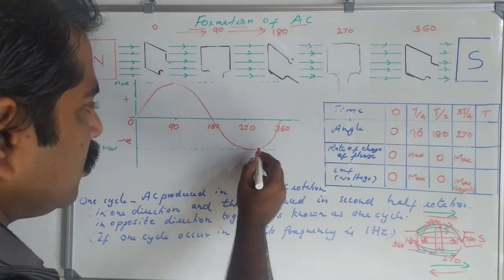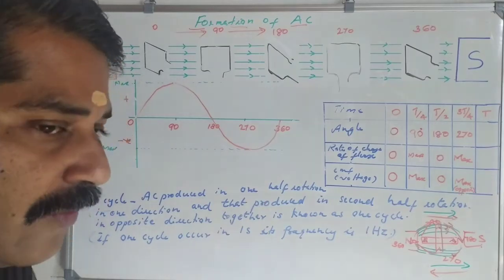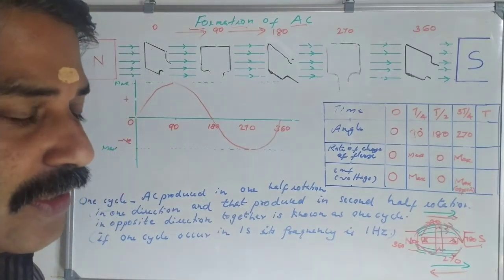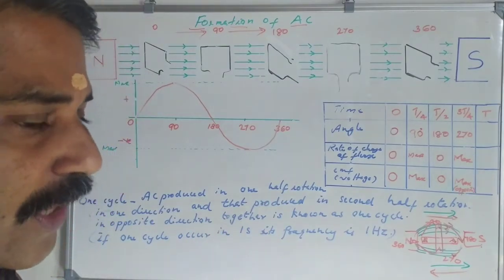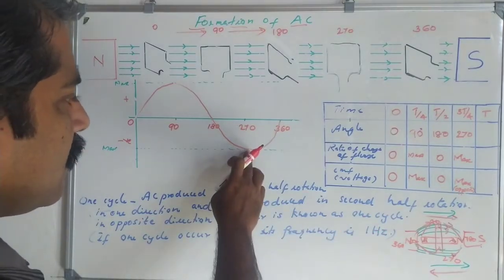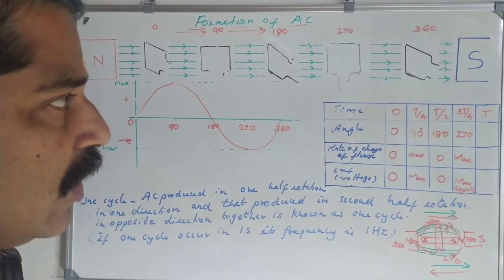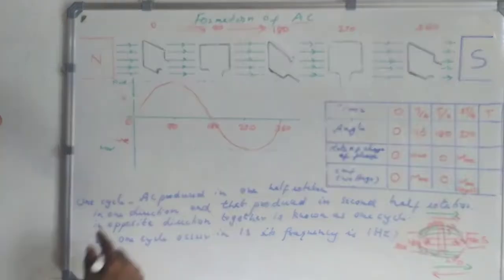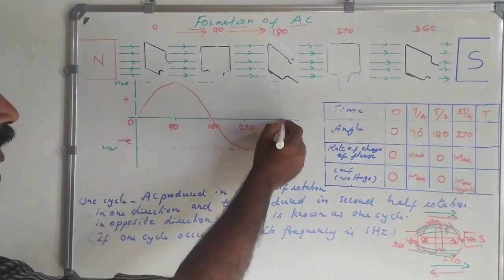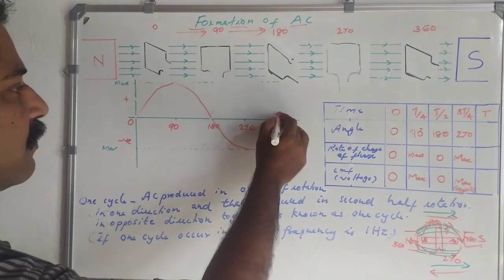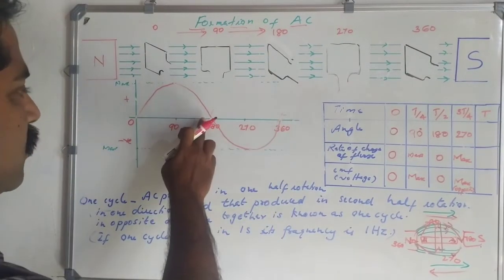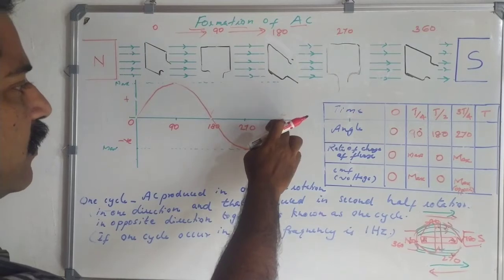And from 270 to 360, the flux breaking is also in the opposite direction, but the number of flux broken slowly decreases. So from maximum EMF it decreases to 0. So in one full rotation, it changes its direction 2 times. 1 time, 2 times. ഇവിടെ വെച്ചൊന്ന് ഡയറക്ഷൻ ചേഞ്ച് ചെയ്തു, രണ്ടാമതായി ഇവിടെ വെച്ച് ഡയറക്ഷൻ ചേഞ്ച് ചെയ്തു.